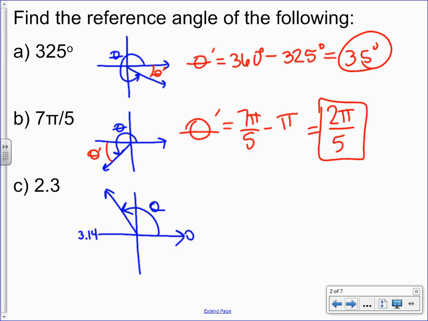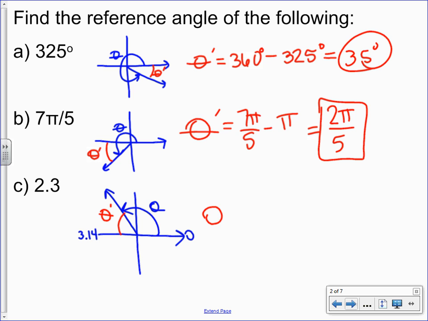I think it's pi, if I'm looking at my back wall. That's cheating. How much do you just want us to use 3.14? Yeah, 3.14 is fine. So what we'll do, okay, this is our reference angle.